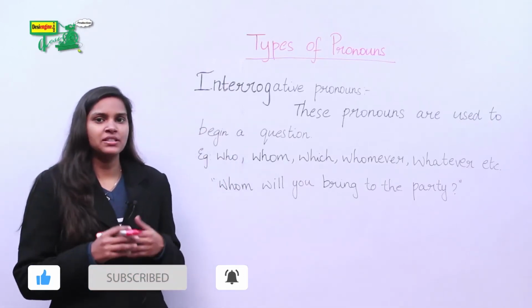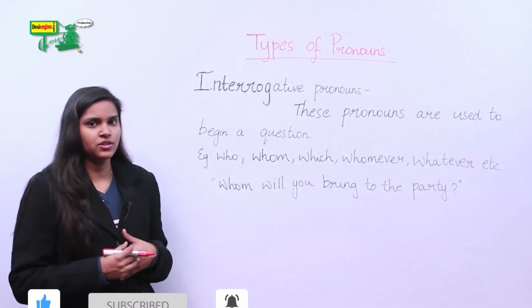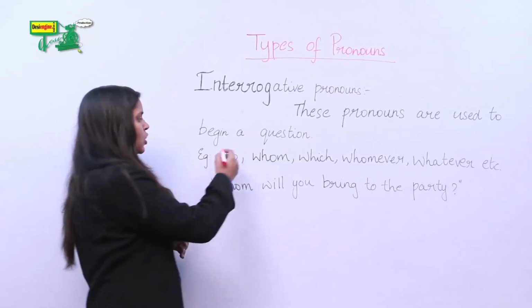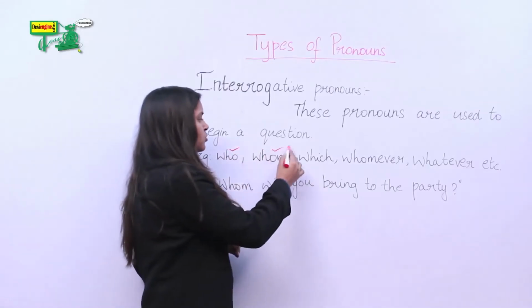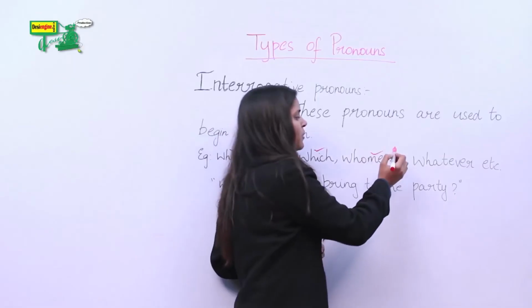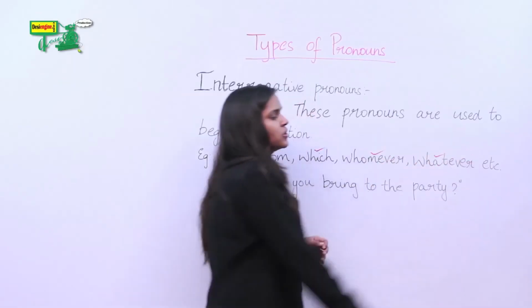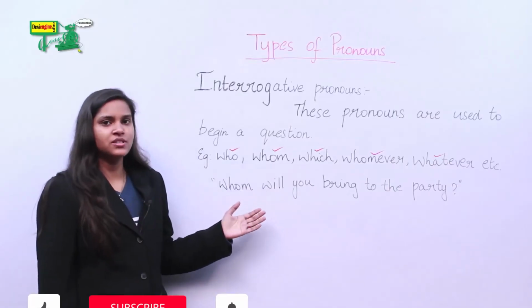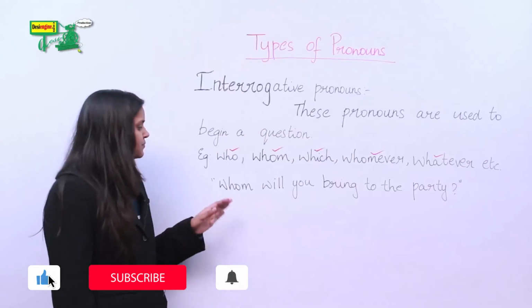Interrogative pronouns are basically used to start a question. Some of the examples of interrogative pronouns are who, whom, which, whomever, whatever.